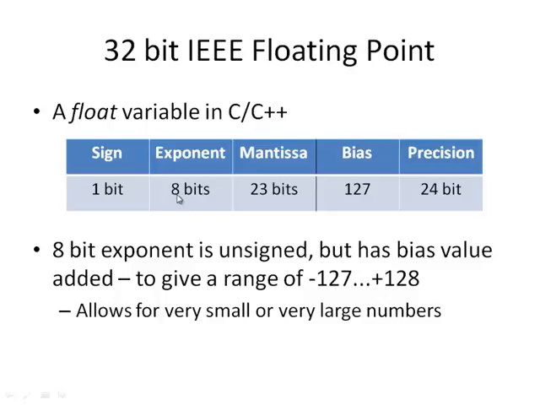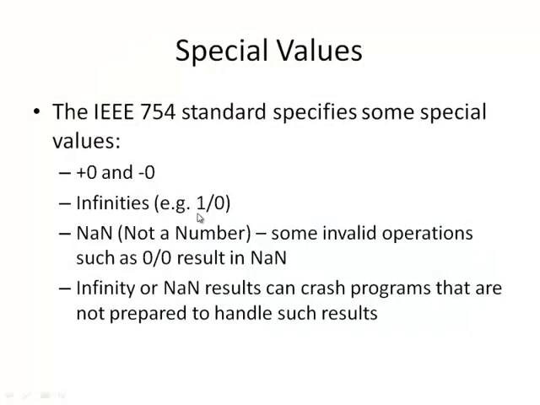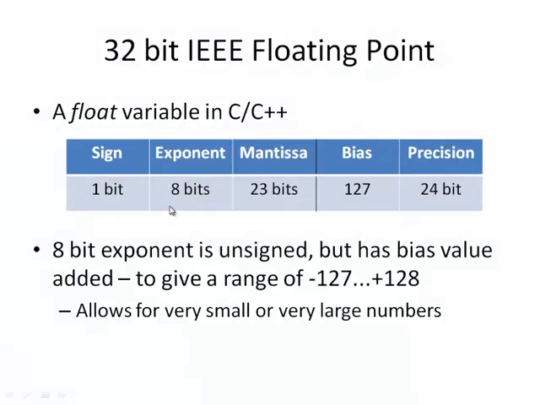Now the exponent itself is unsigned, so how do we get a negative value for our exponent when it's unsigned? And the answer is to use a bias. So the bias value can be subtracted from the exponent value to give us this negative range, negative to positive range. So if our exponent value is 0, it actually means to the power of minus 127.